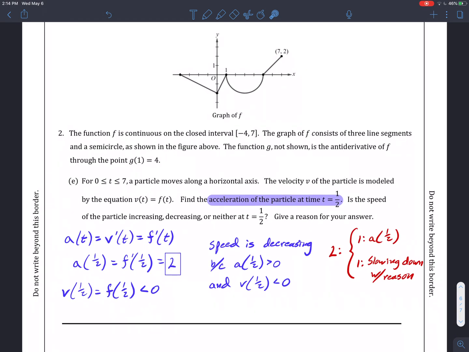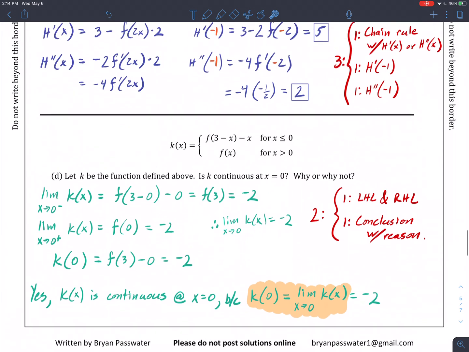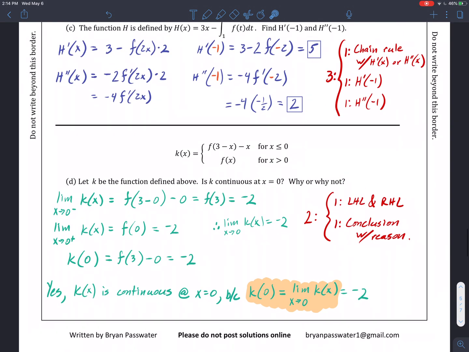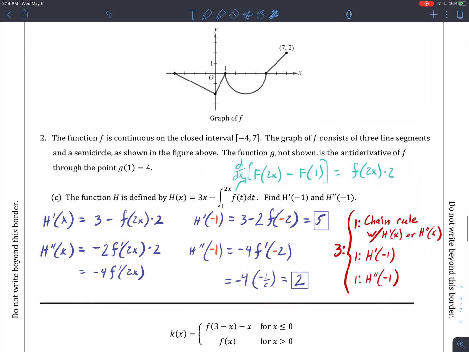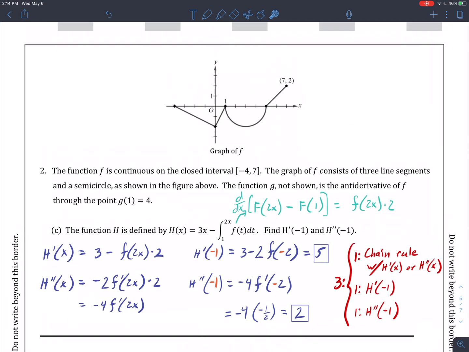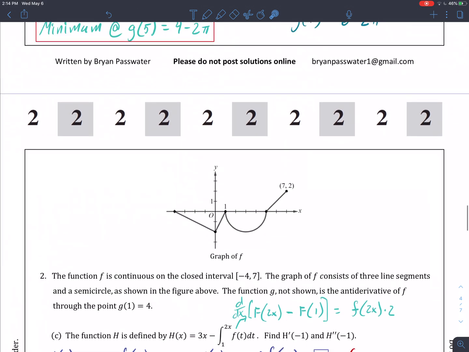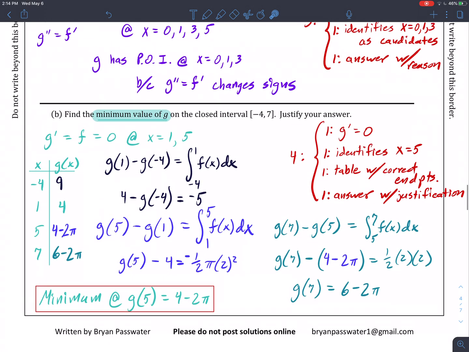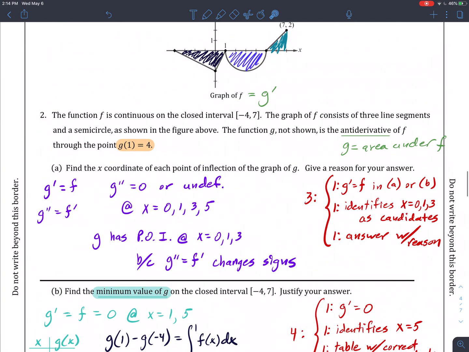We've got continuity covered in problem D. We had chain rule covered in problem C, in great detail, with fundamental theorem of calculus a little bit as well. More fundamental theorem of calculus in problem B here.